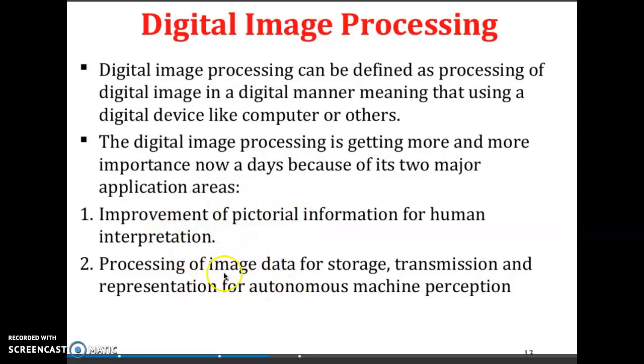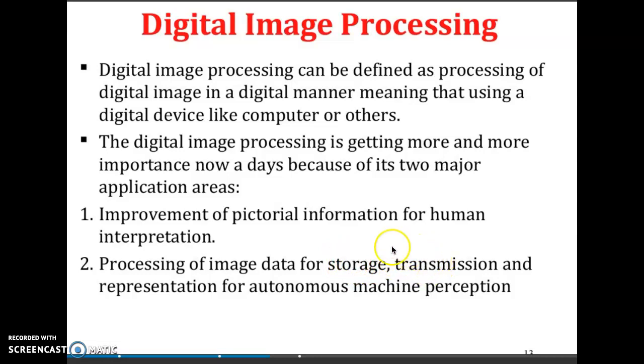The second objective is machine perception, and when we want a machine to handle the images, we need to store them in the machine, we need to transmit them from one end to another end. So it should consume less storage space, memory space, and less bandwidth.